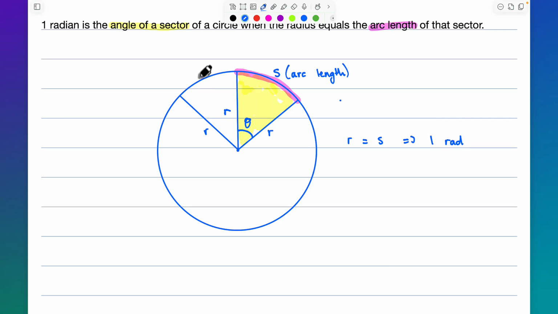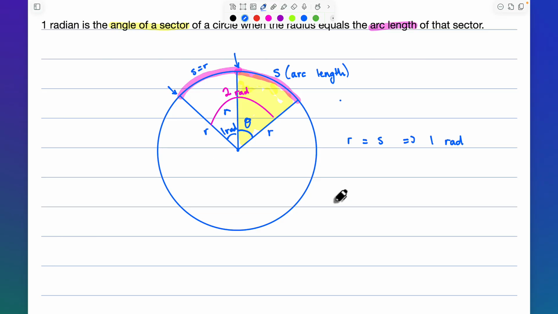If the arc length for this second one is also the same as the radius, from this point to that point, that means this is also another 1 radian. So in total for these two, from here all the way up until there, we have a total of 2 radians. And if we add another one, it's going to be 3 radians, and 4 radians, and so on.